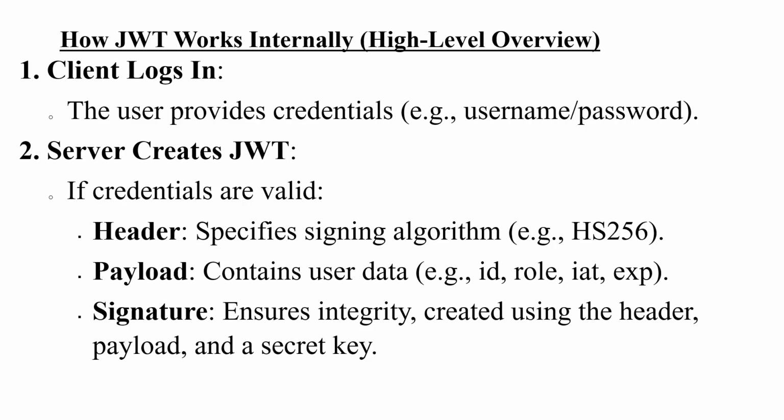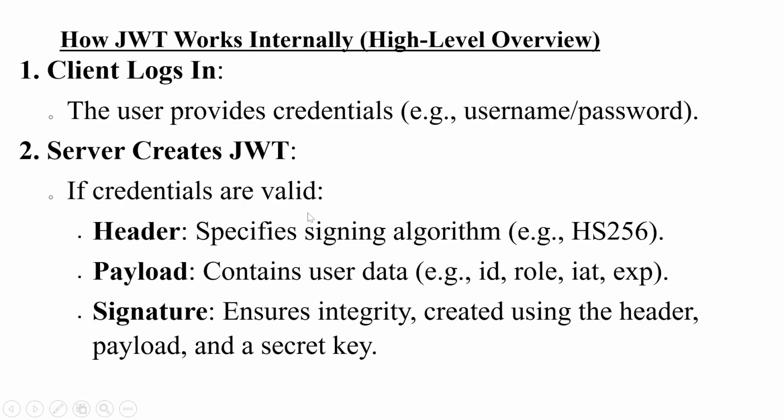This is high level. When a client logs in by providing username and password, the server creates a JWT token. The first step is the client logging in using the credentials, username and password. Then the next step is creation of the JWT token.